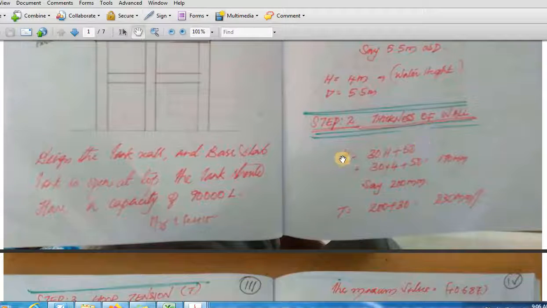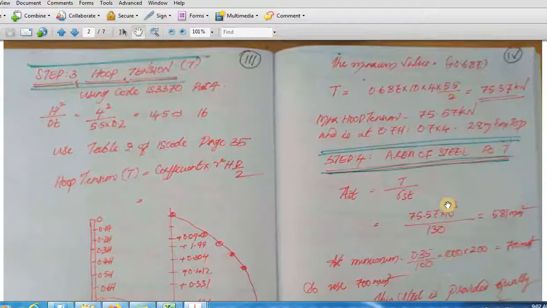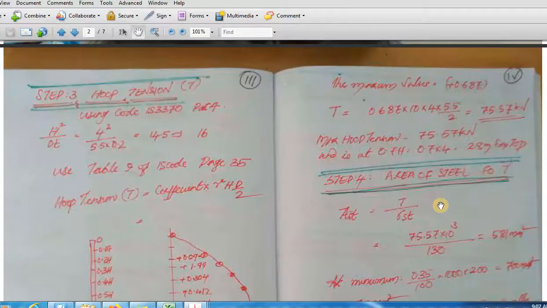We know the basic thumb rule, T is equal to 30 H plus 50, where H is 4 meter, in meters. So you will get 170. Let us round it to 200 mm. This is the effective thickness, and the overall thickness is 200 plus 30, where 30 is cover plus 5, that is half of the diameter. So let us say 230 mm.